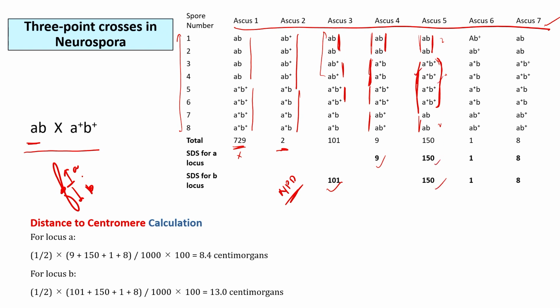So that is why we put it here, and the same way you calculate it for ascus 6 and ascus 7. And these numbers, if you just sum them up and divide by the total, multiply by 100, you will know the distance for A. And for B the same thing: add up all the numbers, divide by 1000, multiply by 100 and then divide by half, right.